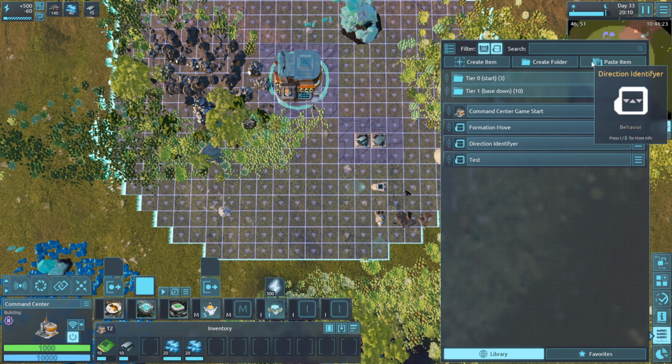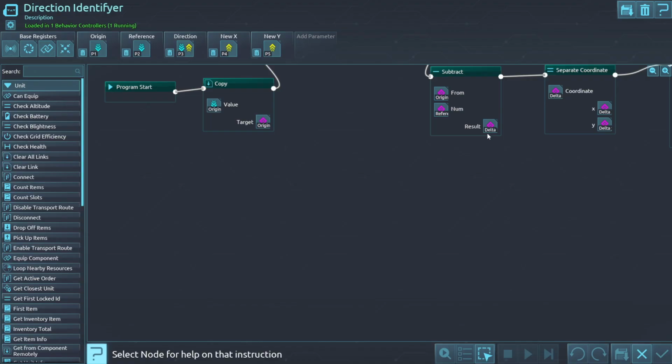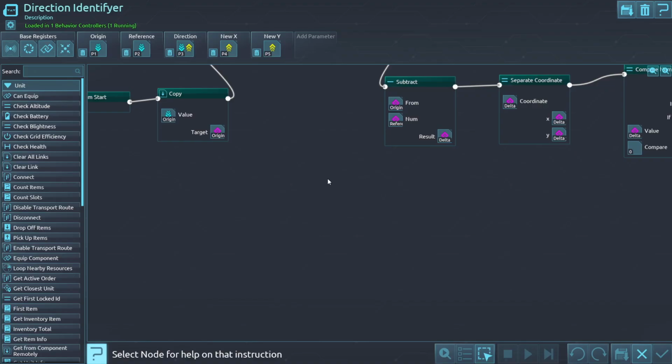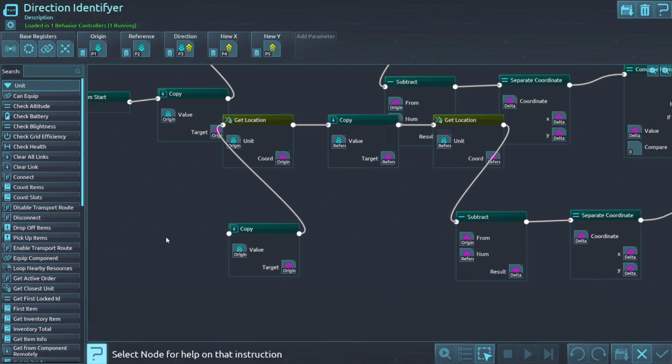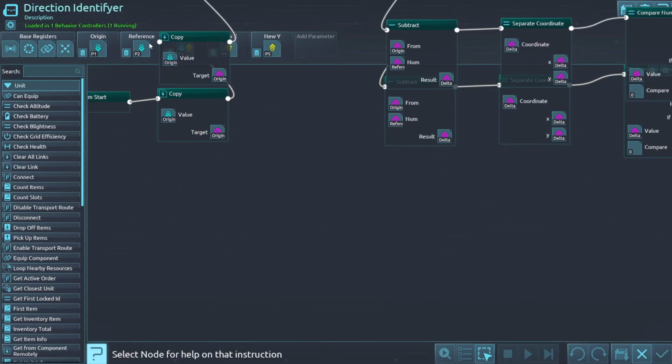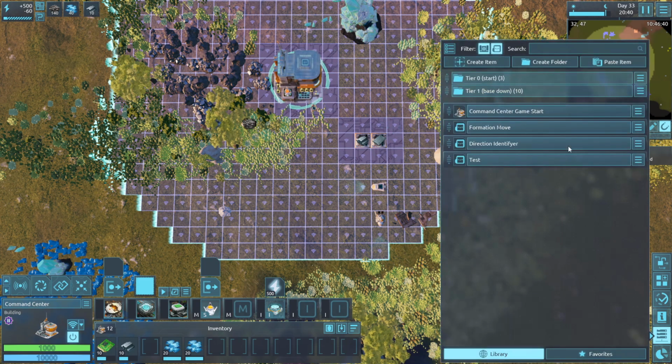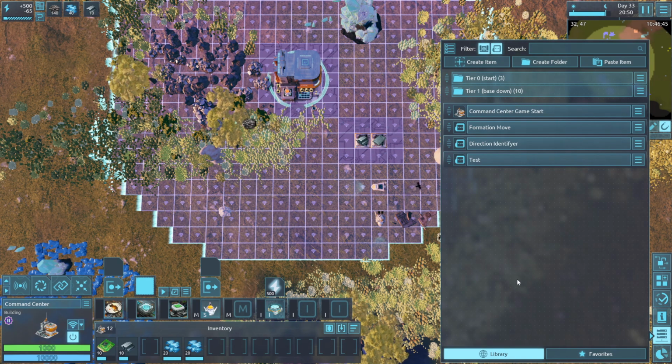Make sure you use this paste item, because you have to use the paste item to get the parameters up here to paste over. If you just come over and hit V and paste in this information here, then it doesn't give you the parameters. So you need to use paste item right over here to make sure that it works right.